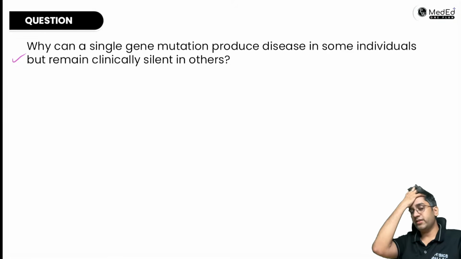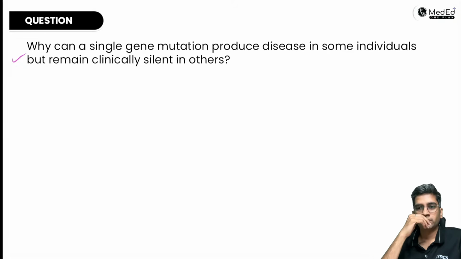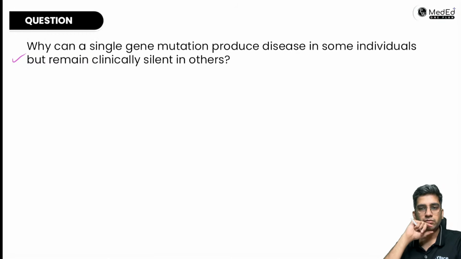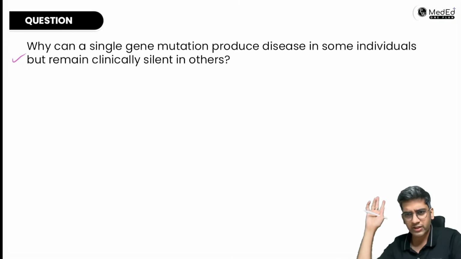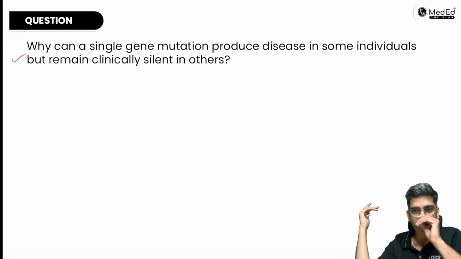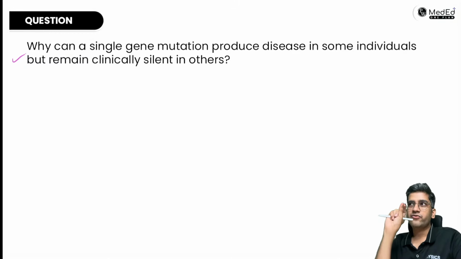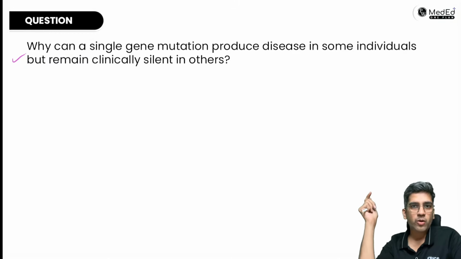Can anyone define this? Can anyone define it? Whatever comes to mind. Siddhi, Fahim, AK, Archita, anyone who's online. What's the answer? Okay, I'll give you a clue. One of the features of autosomal dominant disorder is this.